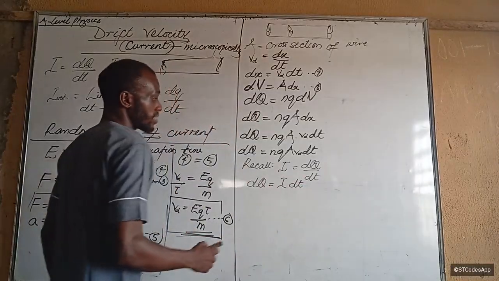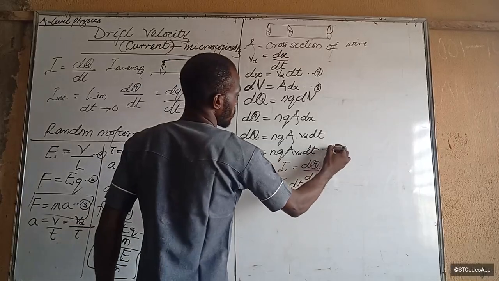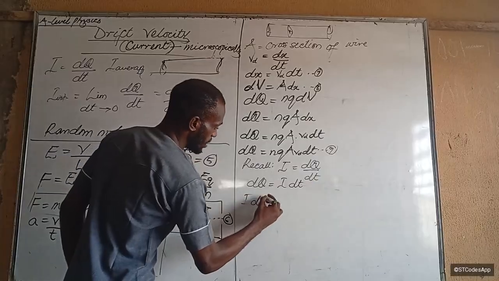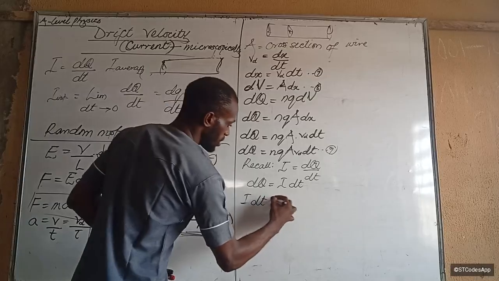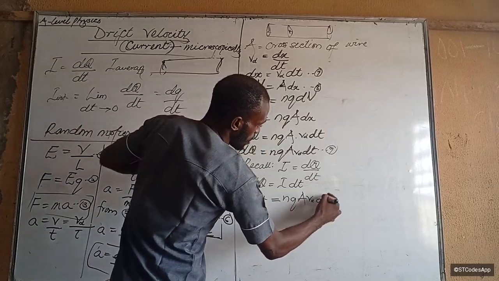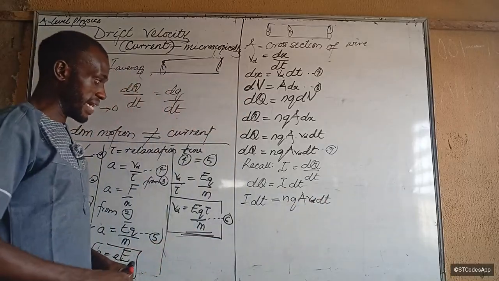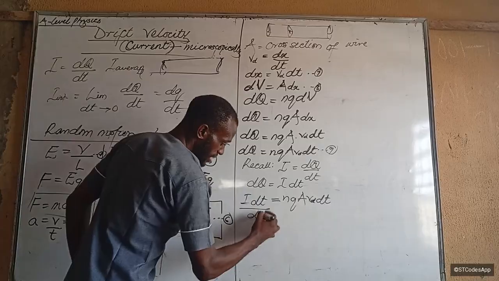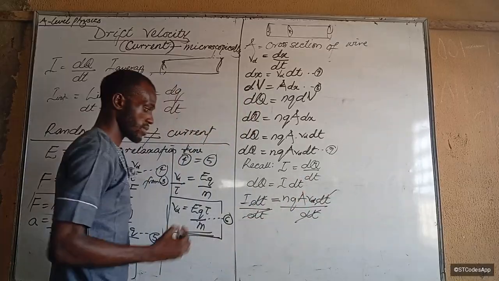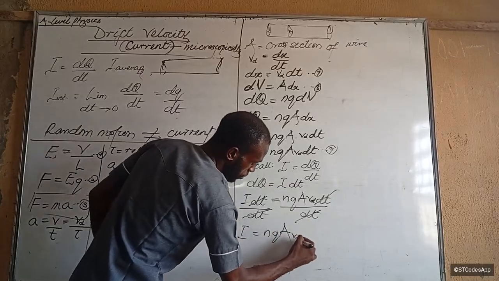We can substitute into equation 9, this is equation 9 now, by saying that I dt, which is dq, is equal to nqA v sub d dt. From here, we can divide both sides by dt, so dt takes care of dt. Then I becomes nqA v sub d.